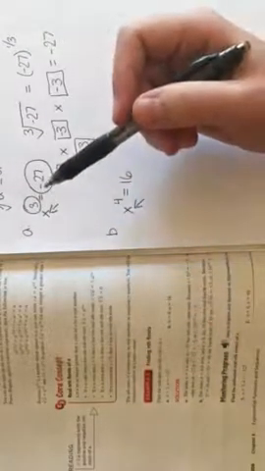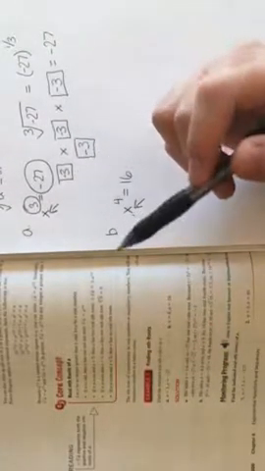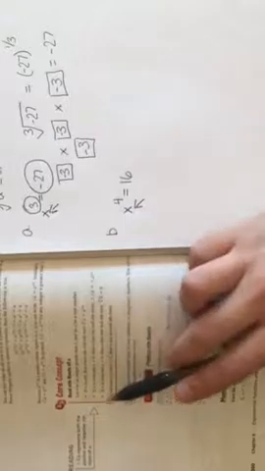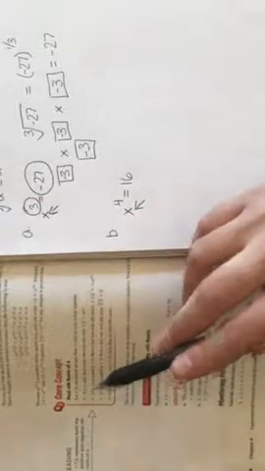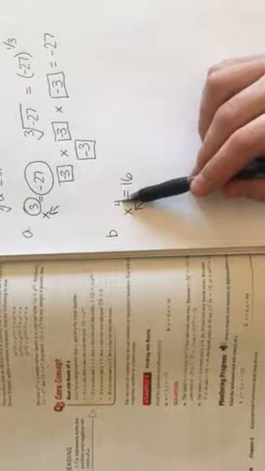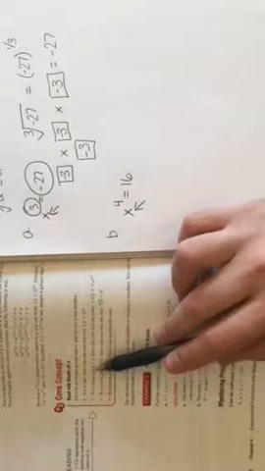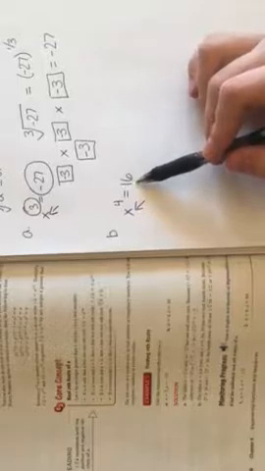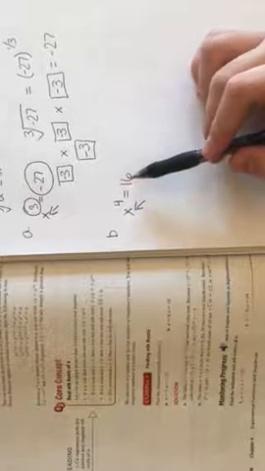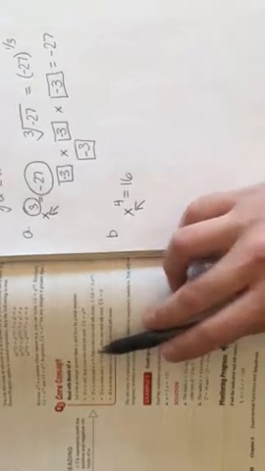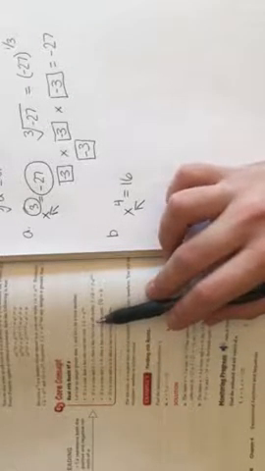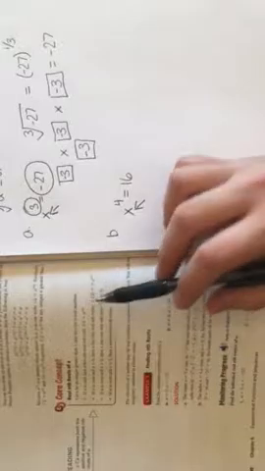We've covered the first bullet with example A. Now we're going to cover the second bullet. The second bullet says if n is even, here's our n and it's even, and a is greater than 0, here's our a and it's greater than 0, then a has two real nth roots.